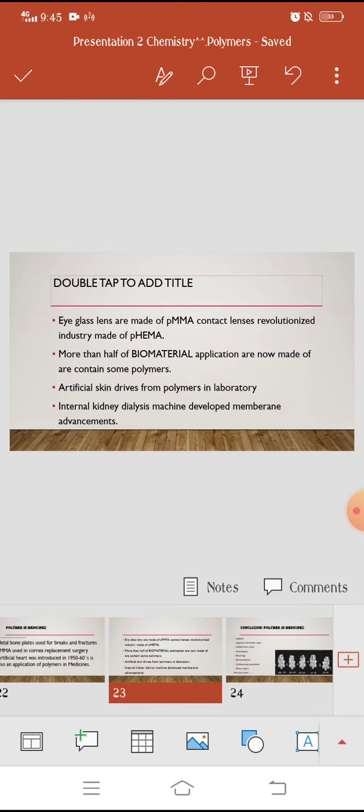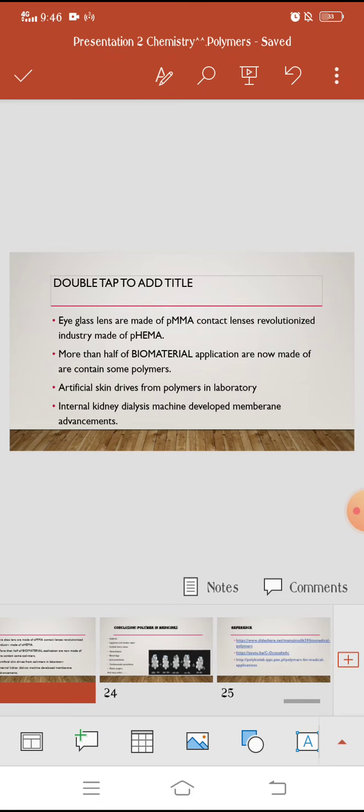Eyeglass lenses are made of PMMA; contact lenses revolutionized the industry, made of PHEMA. More than half of biomaterial applications are now made up of or contain some polymers. Artificial skin derives from polymers in laboratory. Internal kidney dialysis machine developed with membrane advancements.